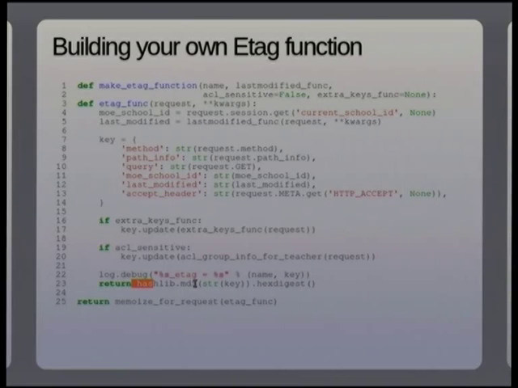Now, it looks like it's actually a fair amount of work, and it actually is a couple database queries, and it's not the cheapest function, but what it buys me is not having to generate the whole response, and the whole response could be a very large API call.